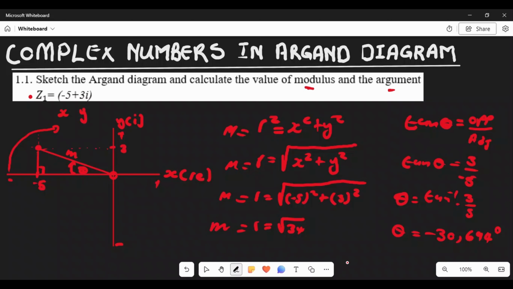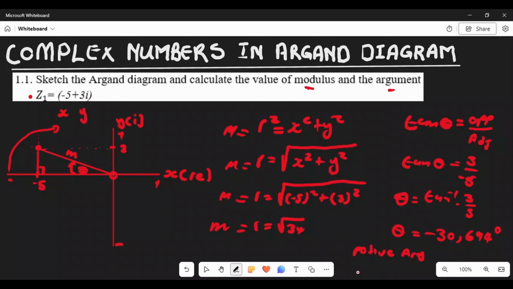All right, just in case they ask you to calculate the positive argument, then you look at the quadrant where this is happening. We know that when the real number is negative and the imaginary number is positive, this is going to happen in the second quadrant. Now you can say, just in case they're looking for the positive arg, let me just write arg.